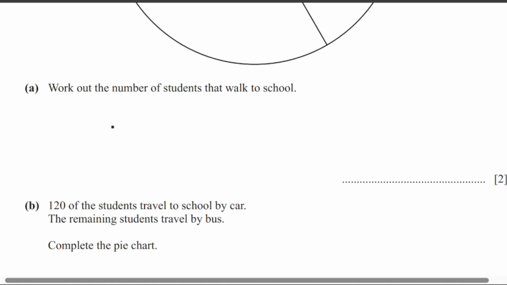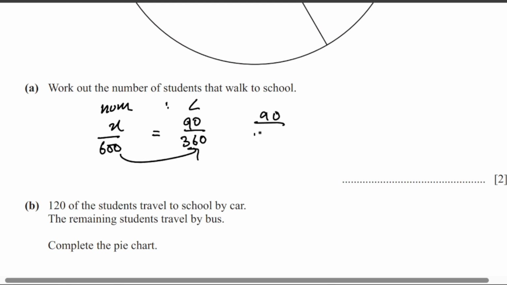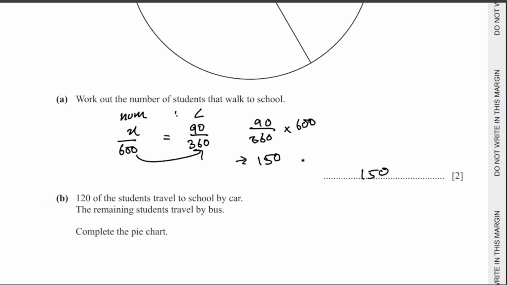One way to do this is write down the number of students, x, the number of students who walk, to the angle, 90. 600 students is represented by 360 degrees, and now just got to put an equal sign and put fractions. We need to find x, so we take 600 to the other side, multiply, we're gonna get 90 over 360 times 600. That gives us 150. Our answer is 150 students walk to school.